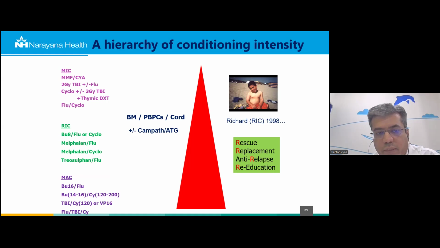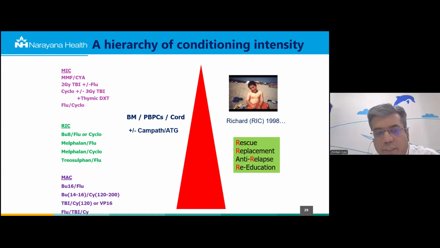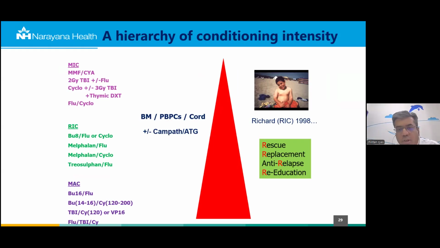Classically, busulfan. Then cyclophosphamide, high dose cyclophosphamide. Then total body radiation, whole body radiation. Right? These are the more common chemo and radiotherapy agents which are considered high intensity conditioning.